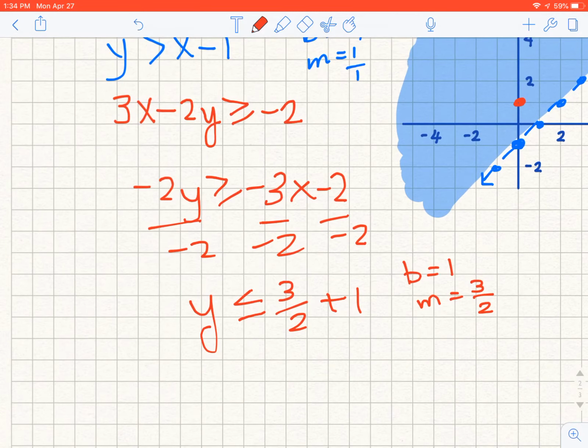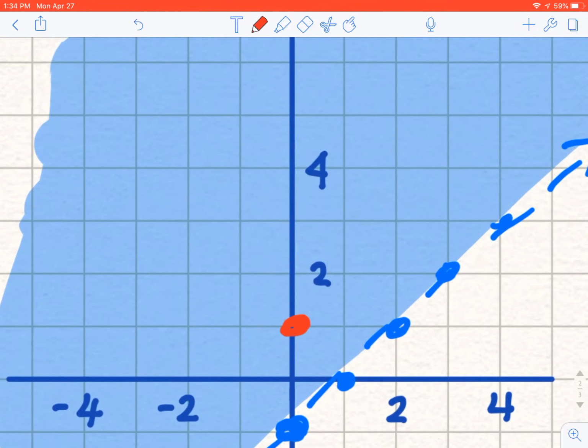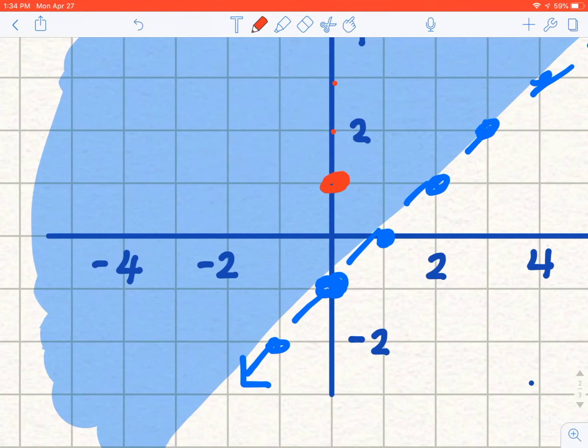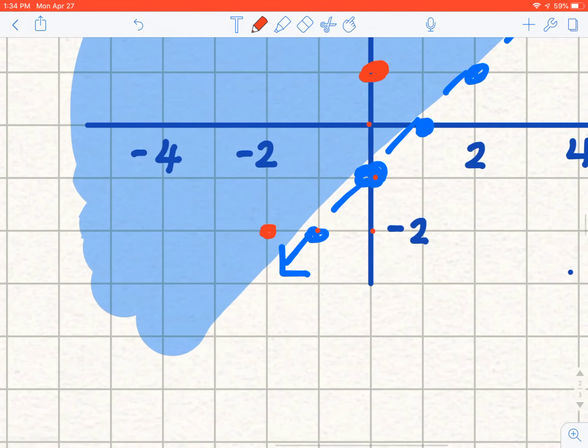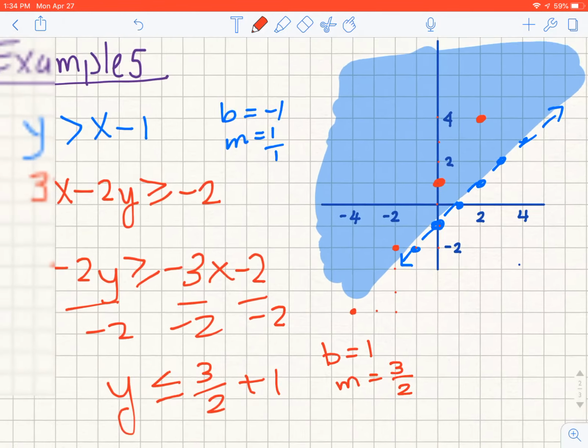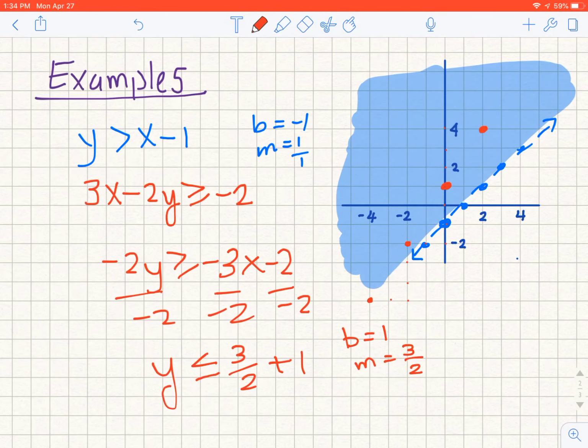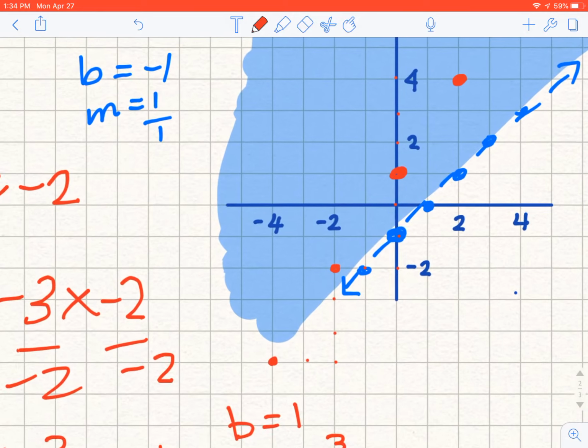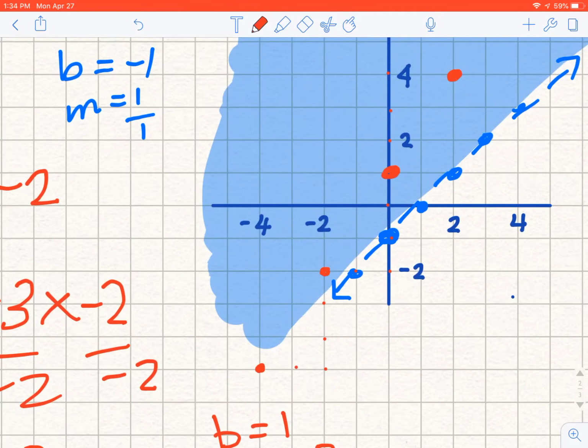It's also positive, so I'm going to go up 3, 1, 2, 3, to the right 2, or I can go down 3, 1, 2, 3, and to the left 2, 1, 2, 3, 1, 2, and I look and I say, oh, this has to be a solid line, so I'm going to draw this as a solid line. Maybe. There we go. Solid line.